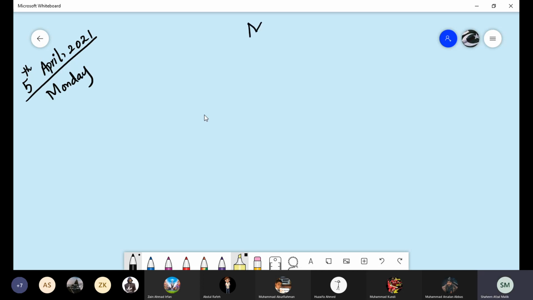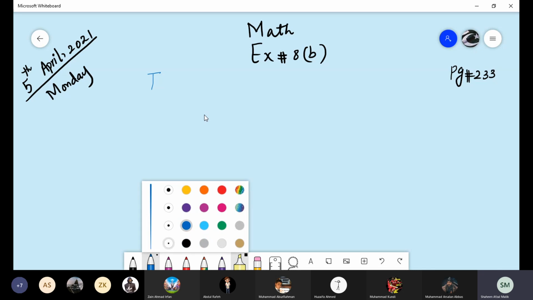This is your math class and we are solving exercise number 8B, page number 233. The topic for this exercise is triangles, area of triangle.